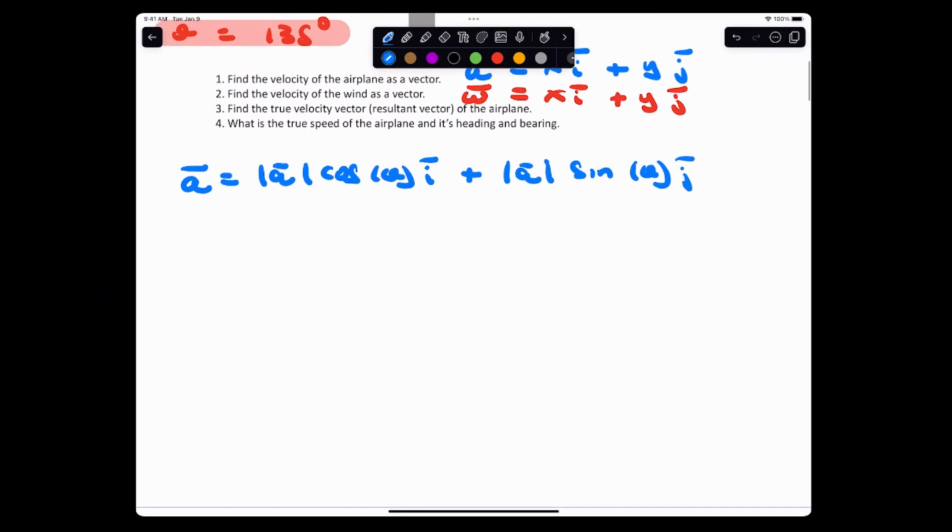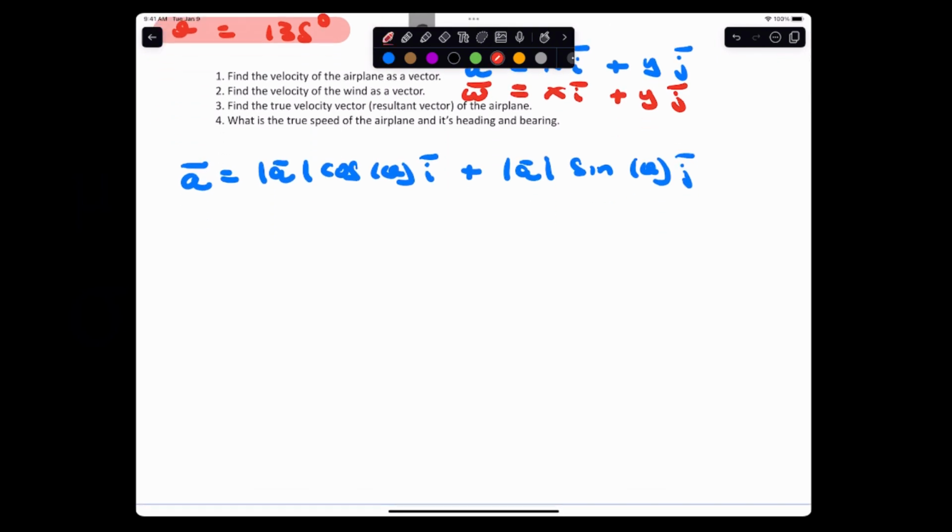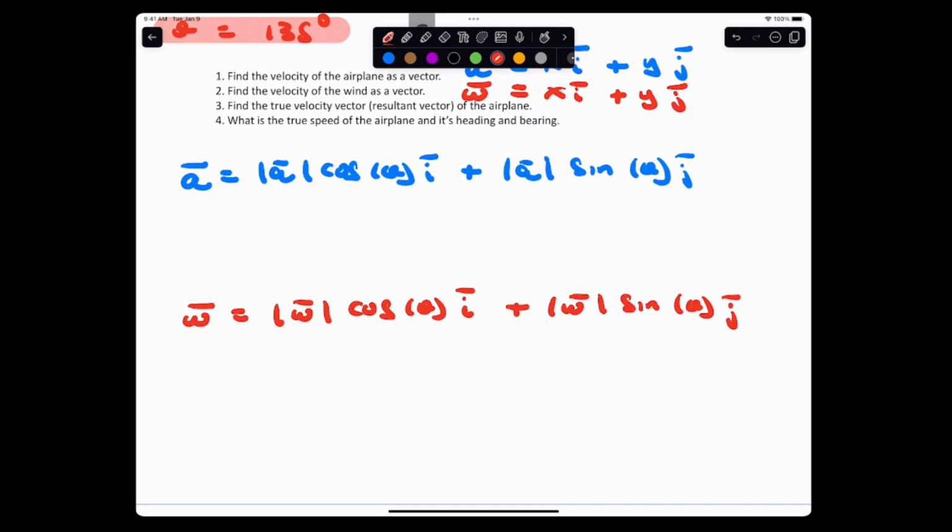And then how would you get the wind vector? Same way. But you have to use the different magnitude and the different direction because it's a different vector. So this is why you did what you did yesterday.